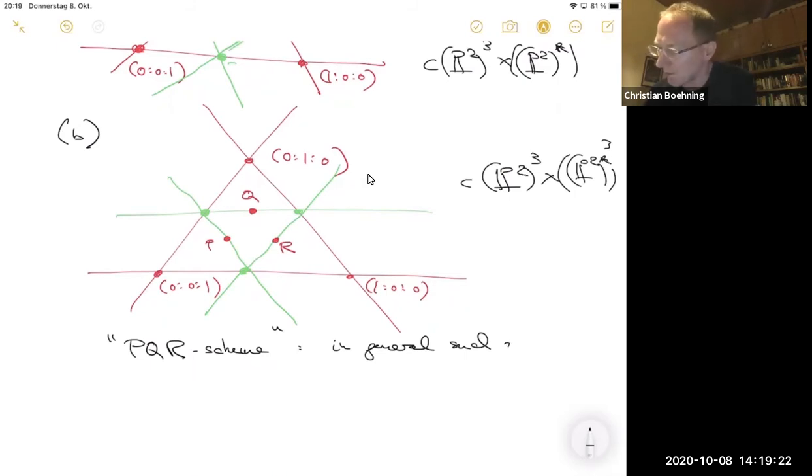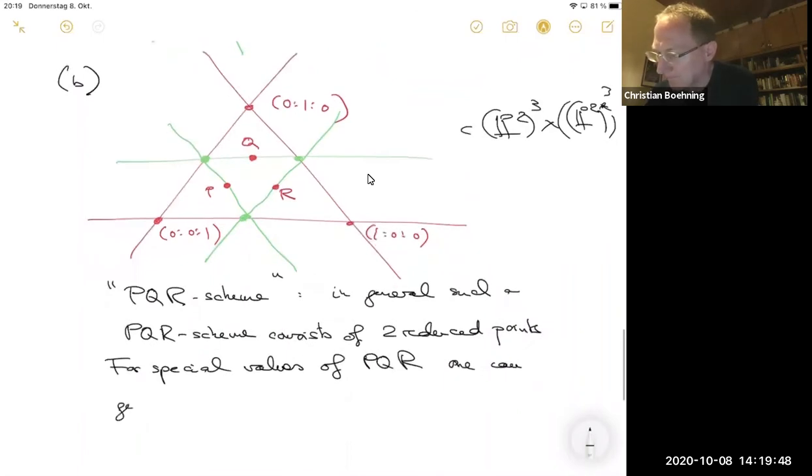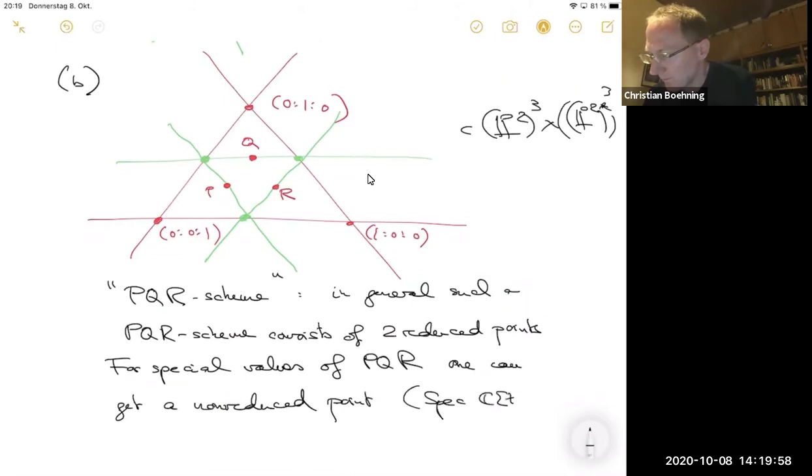So in general, such a PQR scheme consists of 2 reduced points. And for special values of P, Q, R, one can get a double point. So just Spec, yeah, just a double point here.